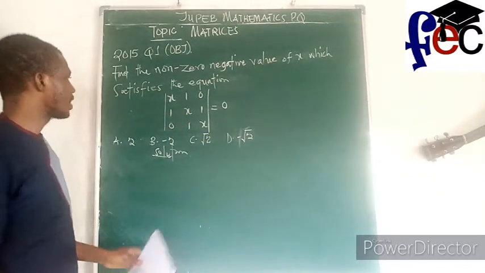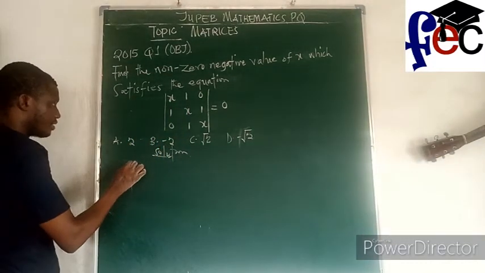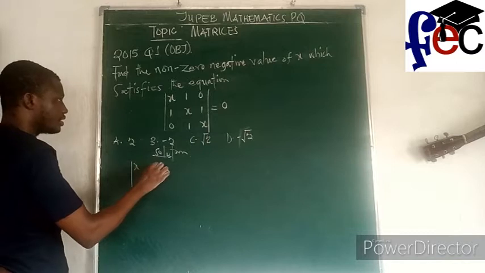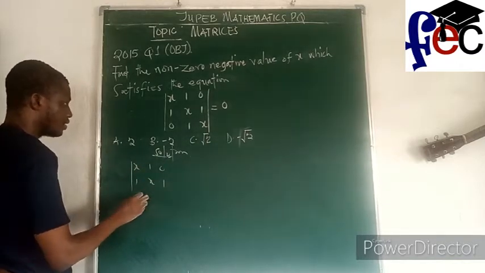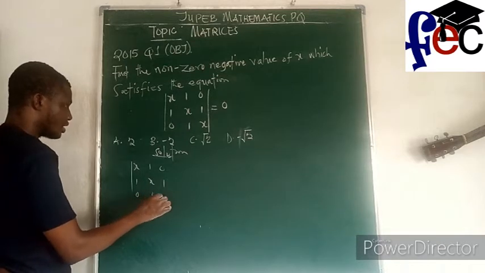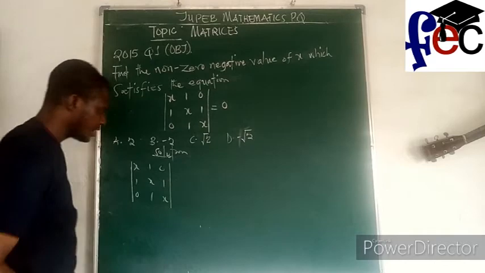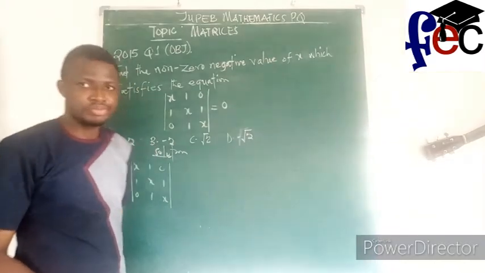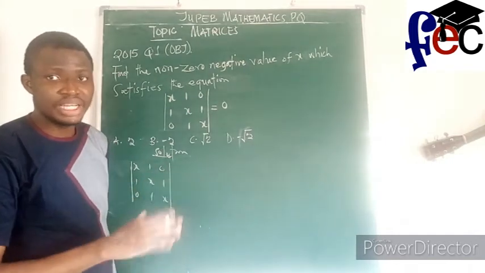Now, what does this imply? x 1 0, 1 x 1, 0 1 x. This is an objective question, so feel free to use any approach that you like.